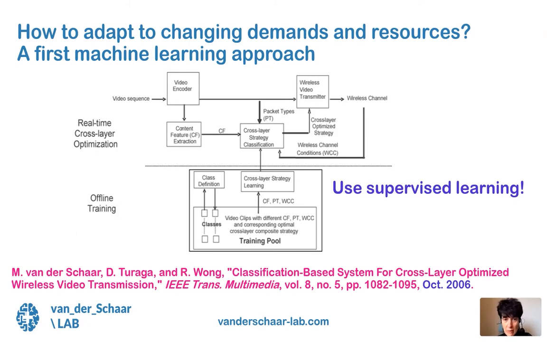So in this way, we have elegantly solved the iterative optimization problem, and we have turned it into a machine learning problem where at runtime, we just need to make a prediction as to what would be the best cross-layer strategy given the unique input characteristics.